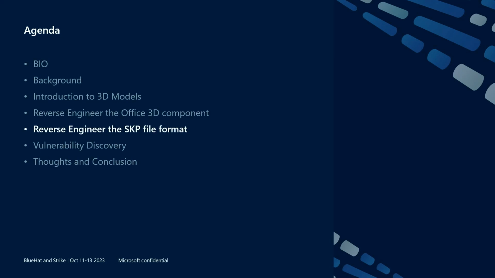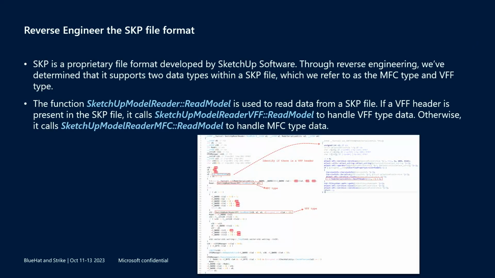Okay, next let's move on to the section on reverse engineering the SketchUp file format. The SKP is a proprietary file format developed by SketchUp software. Through reverse engineering, we uncovered that SketchUp files support two distinct data types: the MFC type and the VFF type.